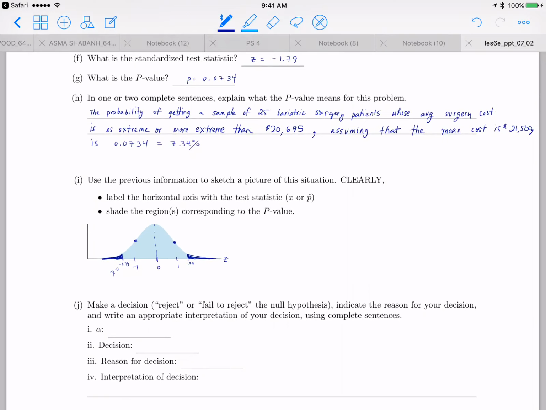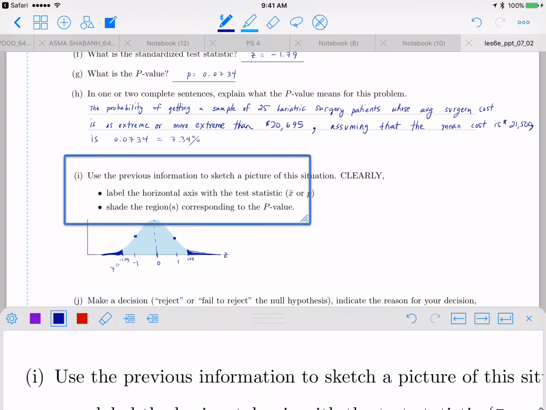So now, make a decision to reject or fail to reject the null hypothesis. Now remember, alpha was 0.05, which is the same thing as 5%. And our p-value was 0.0734.